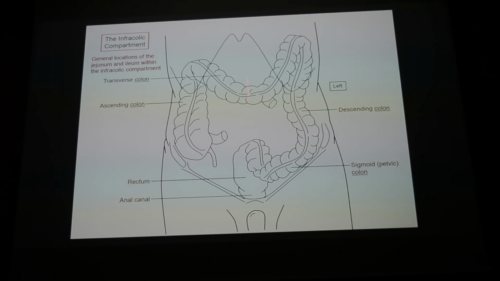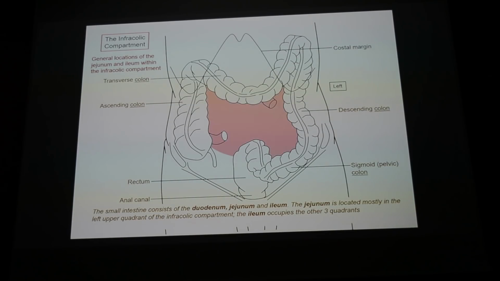Now you are looking at the large intestine: the cecum, ascending colon, transverse colon, descending colon, sigmoid colon, rectum and anal canal. Now in the infracolic compartment, this pink area, we divided it into 4 quadrants. The left upper quadrant is the area where we have the jejunum.